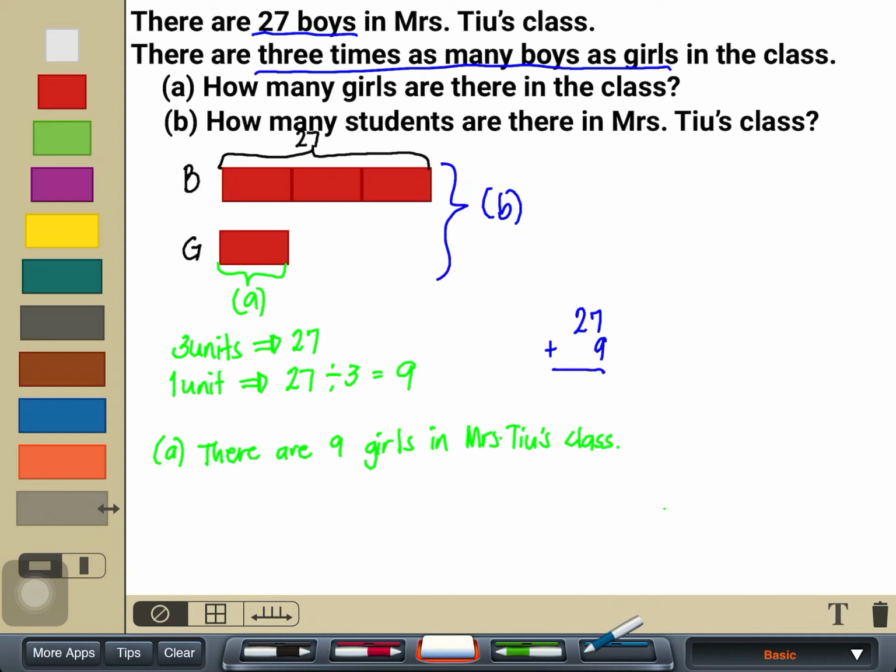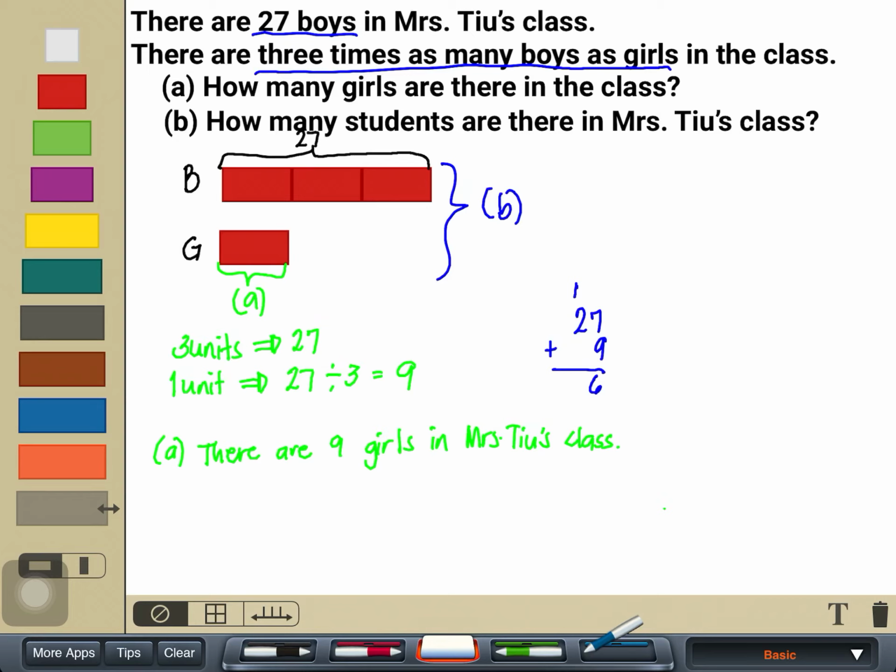So 7 ones plus 9 ones is 16 ones. So 6 ones will now go here, and then the remaining 10 ones will be regrouped into 1 ten.